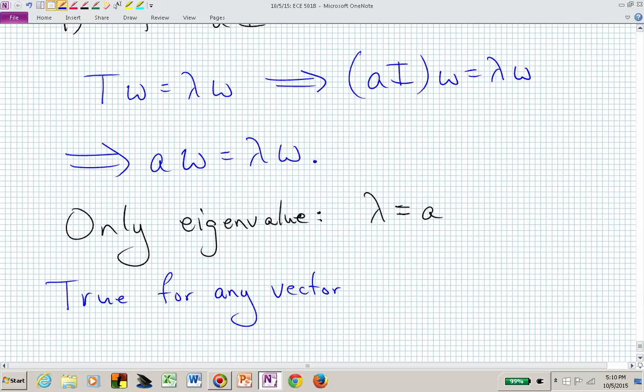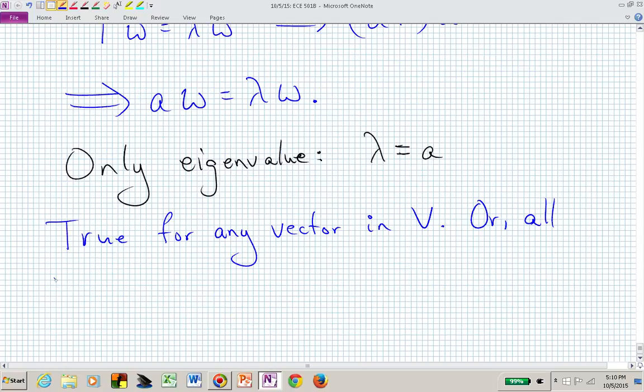So that relationship, AW is equal to lambda W, is true for any vector in our underlying vector space V. Or stated another way, all vectors in the vector space V are in fact eigenvectors.